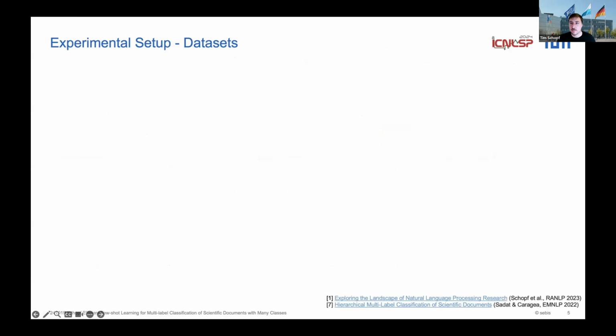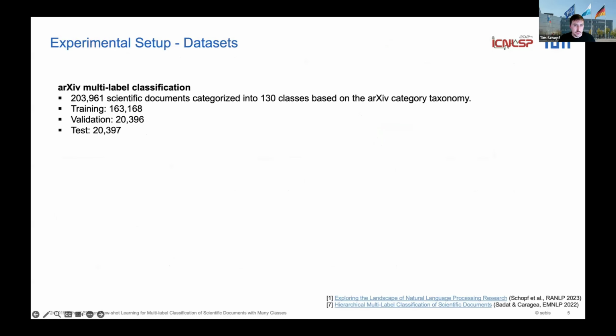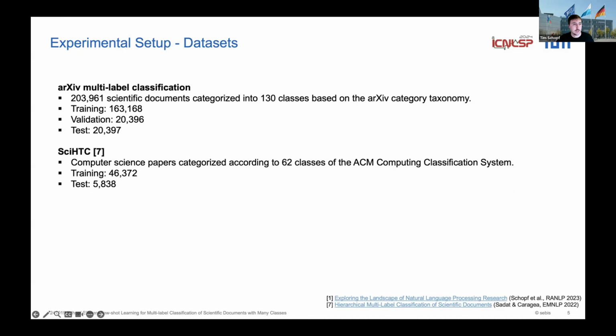As for the experimental setup, we use 3 different datasets to evaluate our model. One dataset is an arXiv multi-label classification dataset, which we constructed during the course of our work, which includes more than 200,000 scientific documents categorized into 130 different classes based on the arXiv category taxonomy.